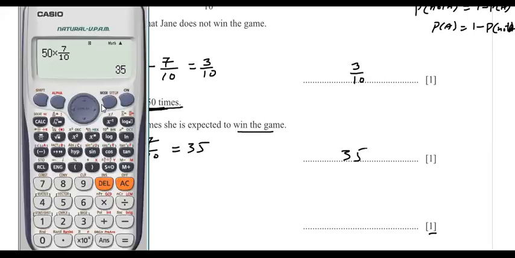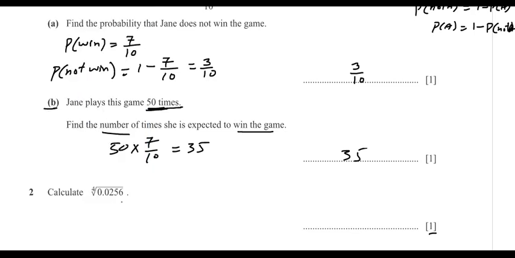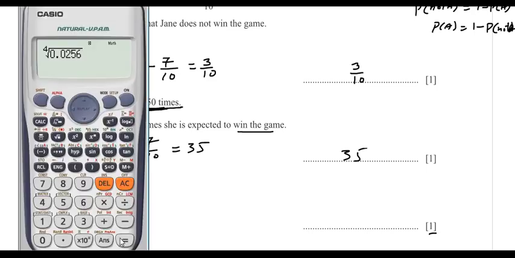It's pretty simple. On your calculator, for a fourth root, cube root, or any other higher root, press shift and then this button. Here is the fourth root, and within the fourth root, the value is 0.0256.